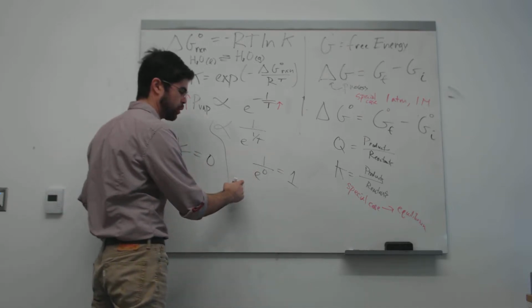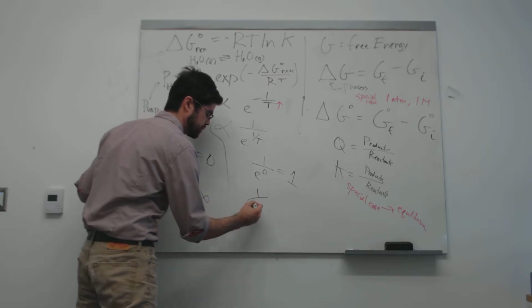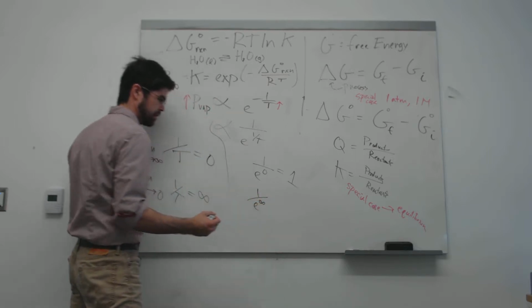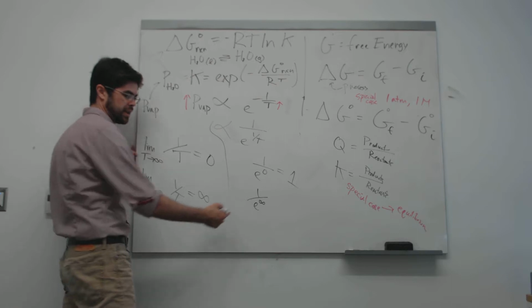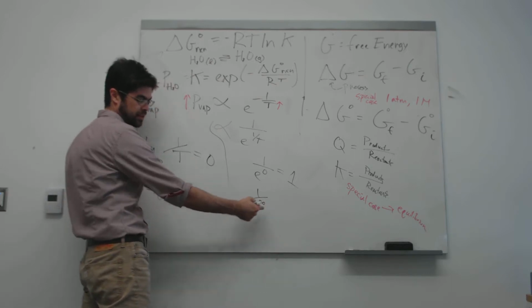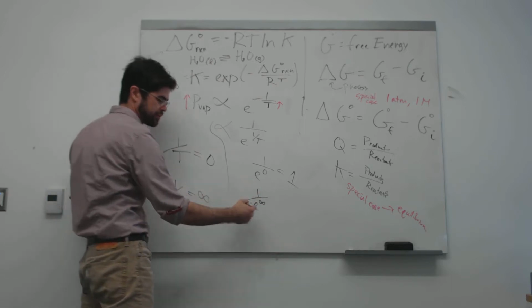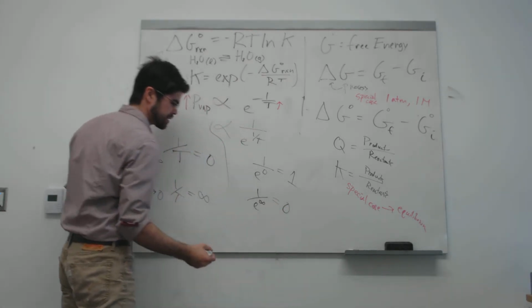Then I have 1 over e to the infinity. E to the infinity is infinity, and 1 over infinity is 0.